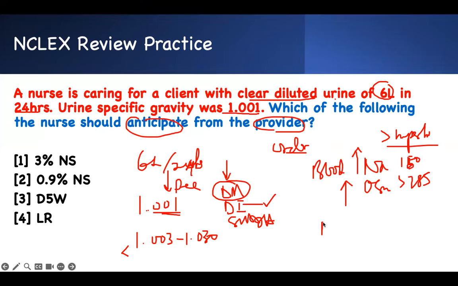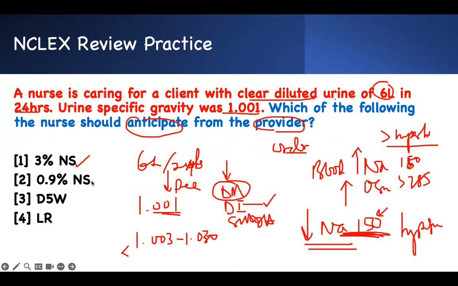I've got to bring it down. How do you bring sodium down? Dilute it. So the 150, I'm assuming is 150 because normal is 145 or 160, whatever. But I have to bring it down. I have to give something that is less than the 150. That means I have to give the patient what? Hypotonic solution. Which of these is hypotonic? You cannot give them 3%, it's hyper. You cannot give 0.9%, it's iso.